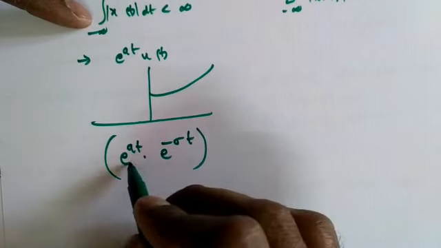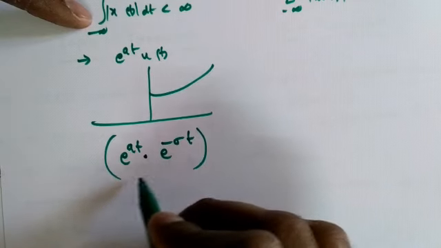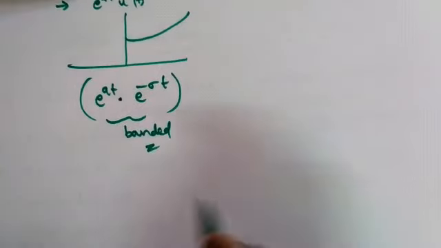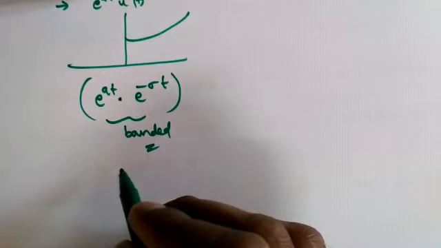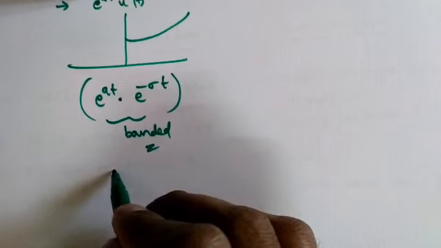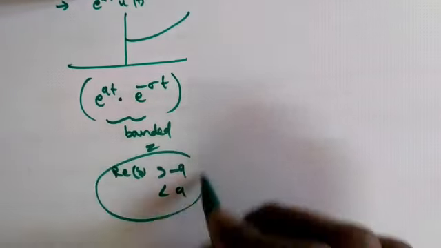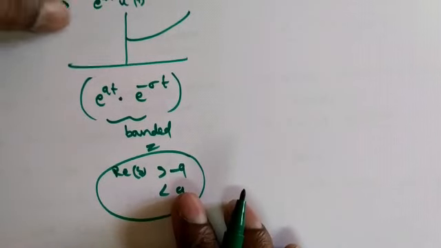Whenever an unbounded signal is multiplied with a bounded one, we get a bounded signal. But we will have some convergence values, that is the region of convergence, so real of s should be greater than minus a or less than a, etc. So that is the continuous time Fourier transform and its extension.